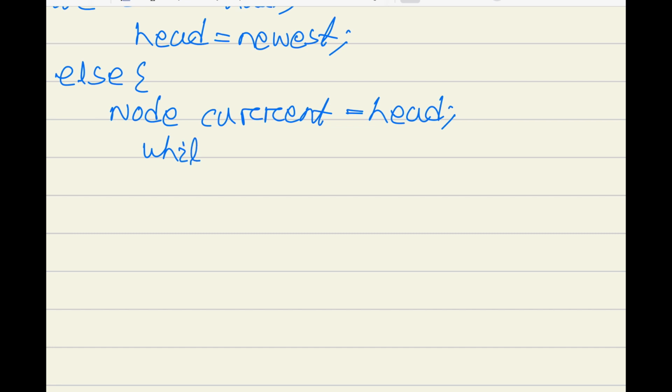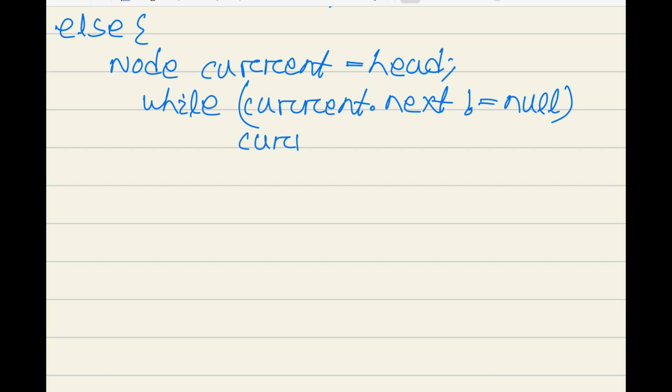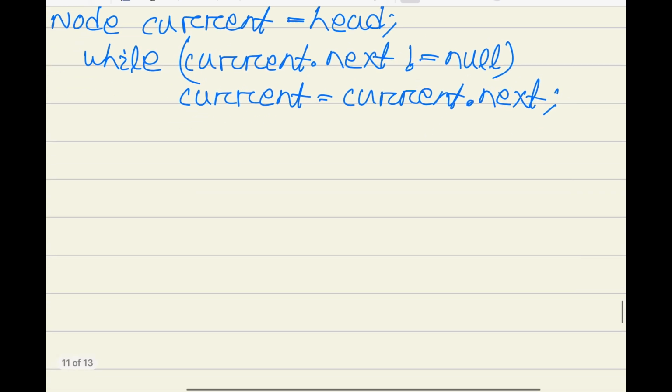Then we can use a loop. So while current dot next not equal to null, current equal to current dot next, then when the loop terminates, the value of current denotes the tail node.